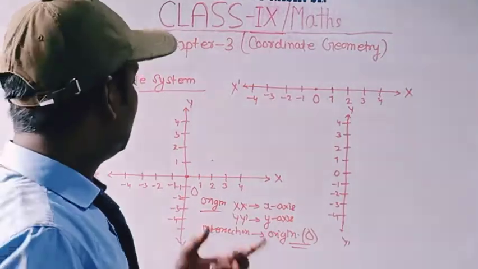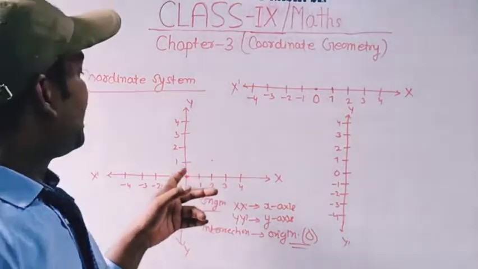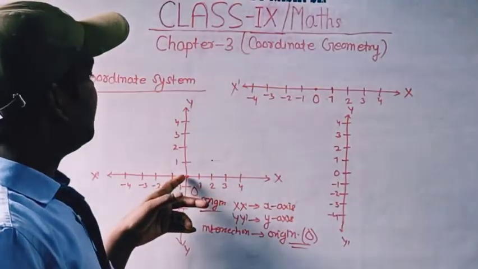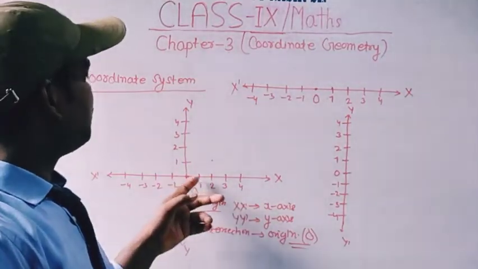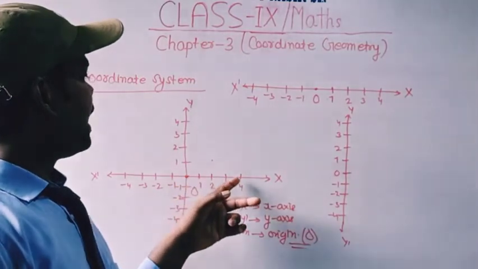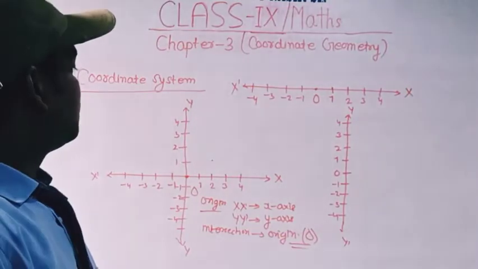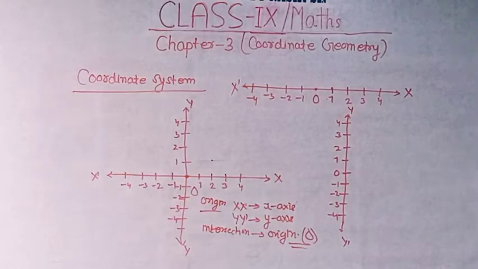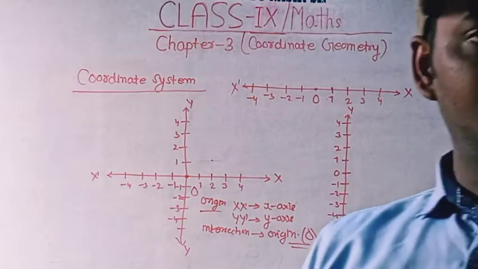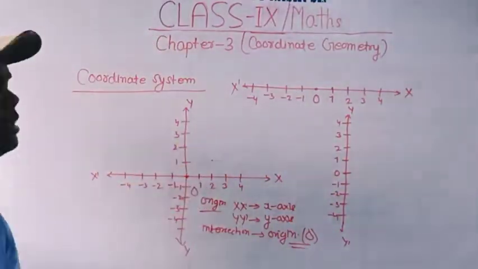Here on these axes, the positive numbers lie on OX and OY. So this is called the positive direction of the x and y axis.